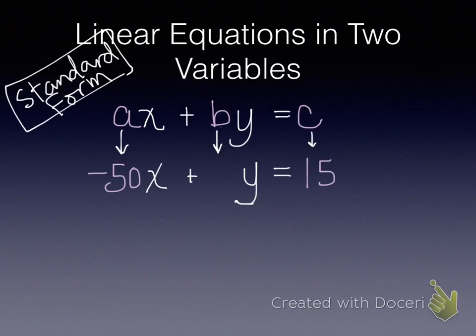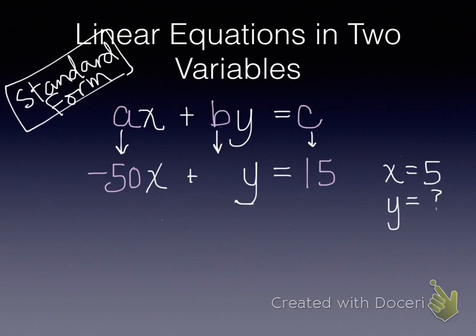So one thing we can do is pick a value for one variable and then solve for the other one. For instance, let's let x equal 5, and then find out what y is.